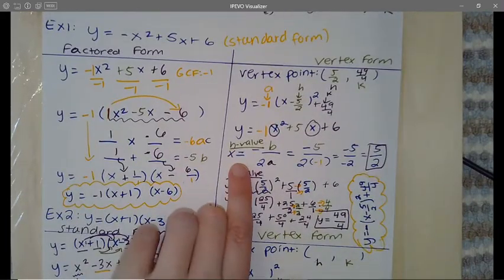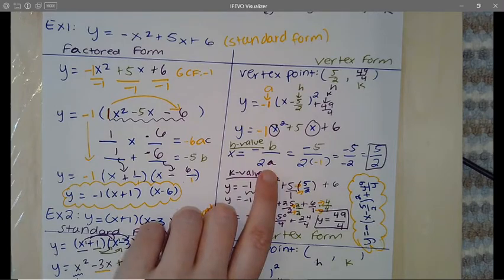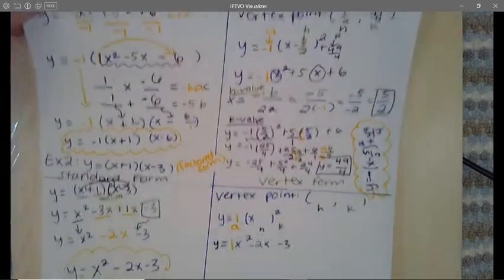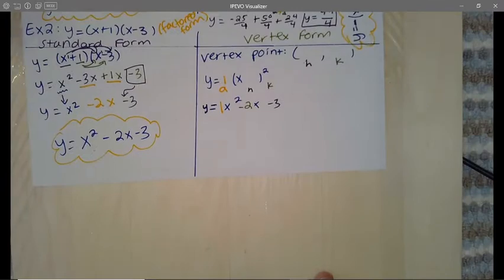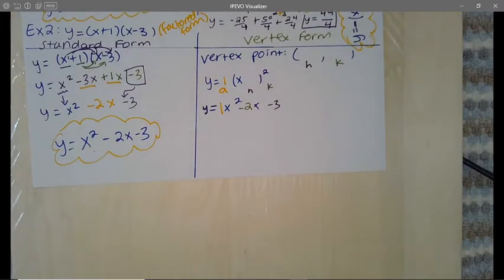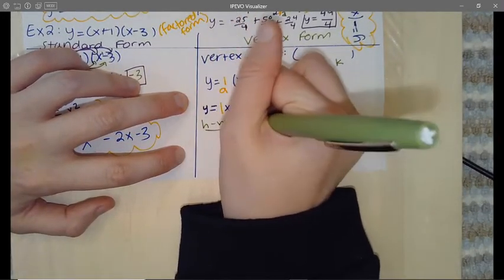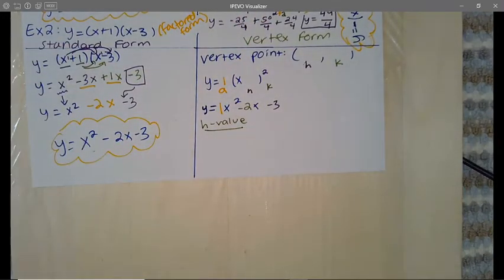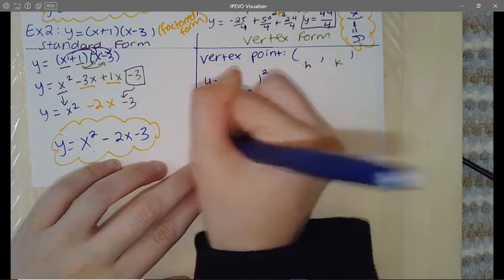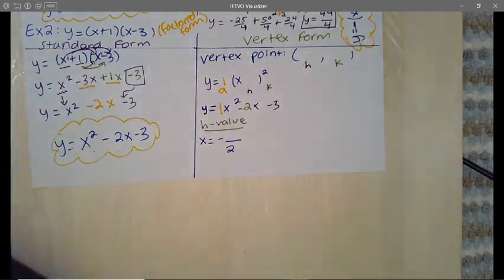Well, like before, the way we find our h value is by doing the axis of symmetry equation, because that value is the same as the h value in your vertex form. Okay, so we're going to find the axis of symmetry. So this is solve for the h value. All right, so we're going to have x equals the opposite of b over 2a.